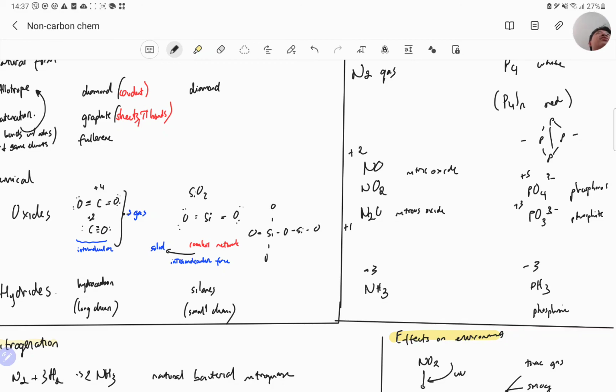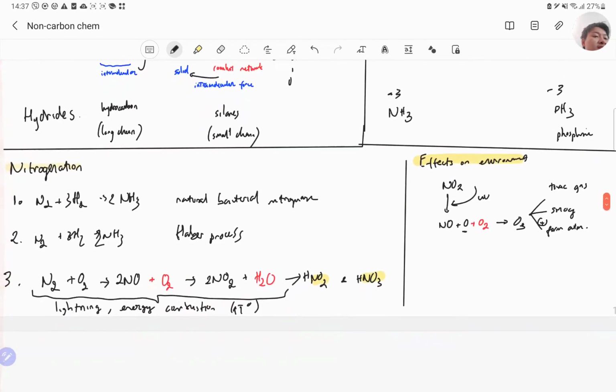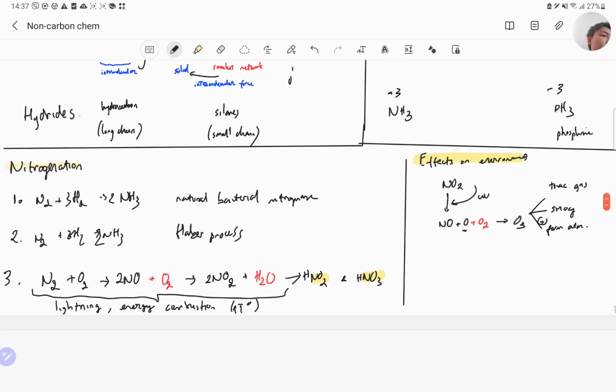So this oxide here. Phosphorus actually goes through a pretty similar reaction.